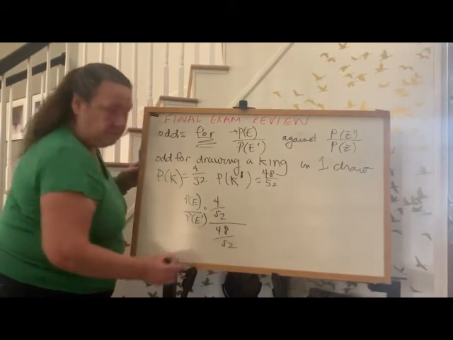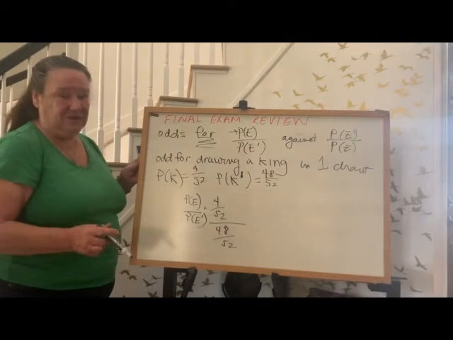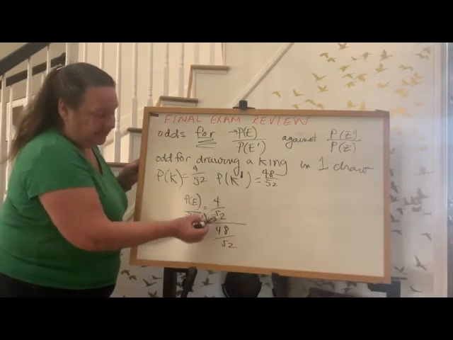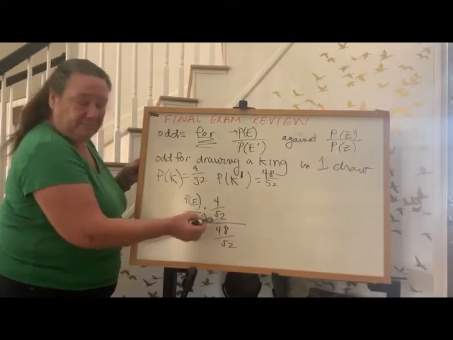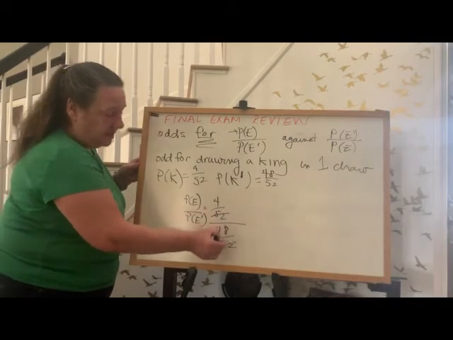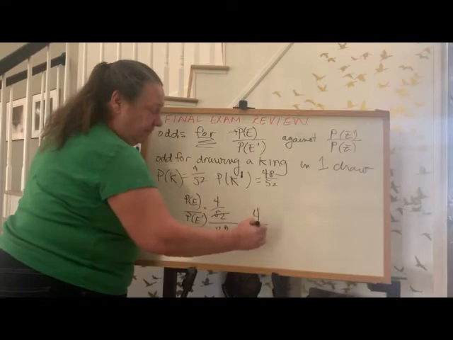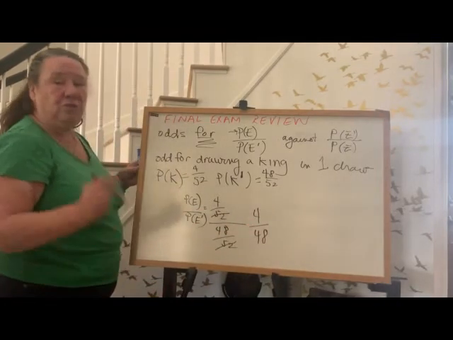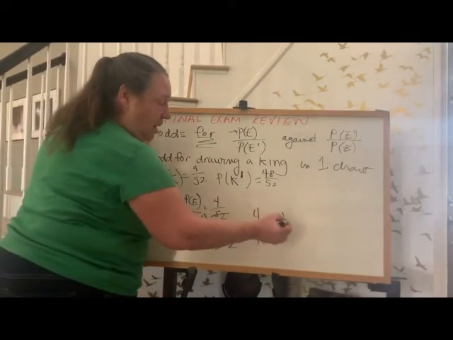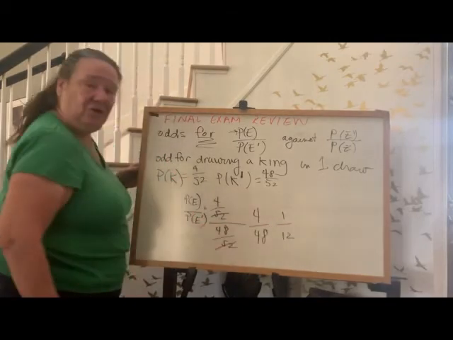Okay? And we talked about this. If the denominators for both parts are the same, we just cut them, and then we collapse. 4 out of 48. You may reduce that if you like. 1 out of 12. Your choice, okay?